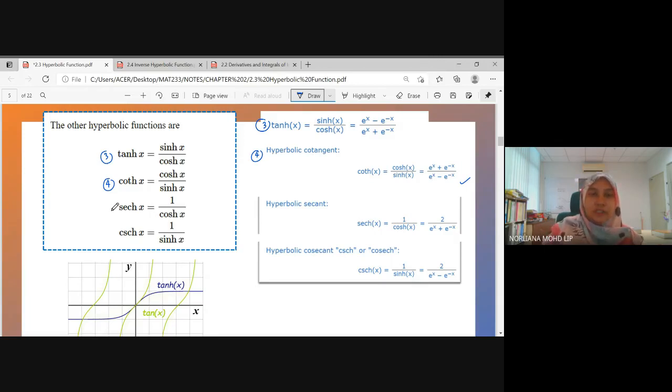And number 5 is hyperbolic secant, equal to 1 over cos. We use the equation 2 over exponent of x plus exponent negative x.